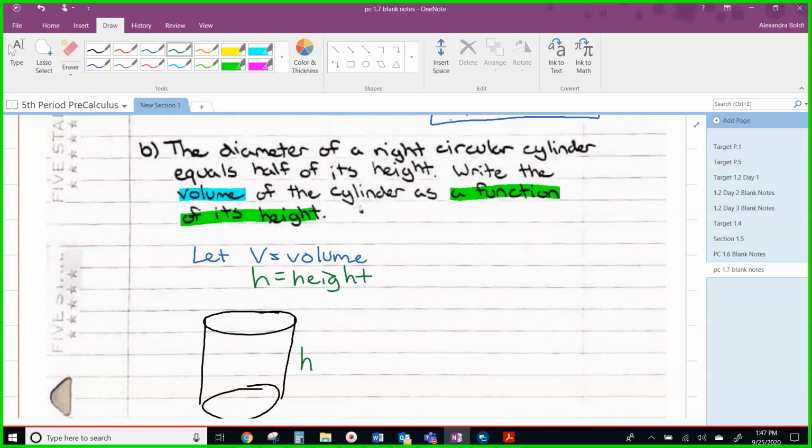I don't want to introduce more variables. So let's think about what we need to find the volume of a cylinder. If you think back to last year, the volume of a cylinder is pi r squared times height. And so that is our volume formula for a cylinder.